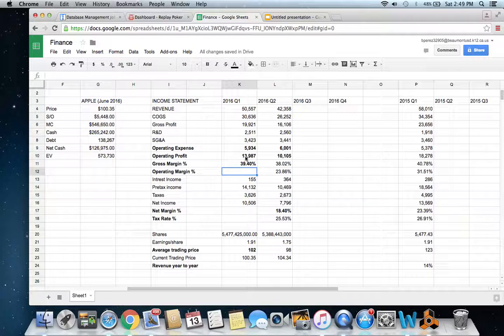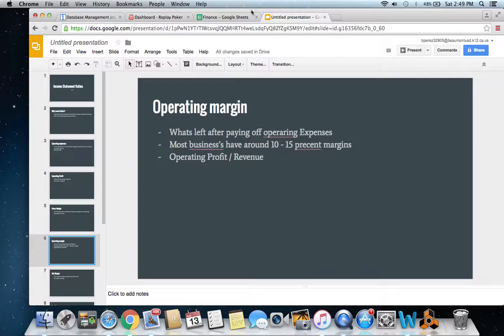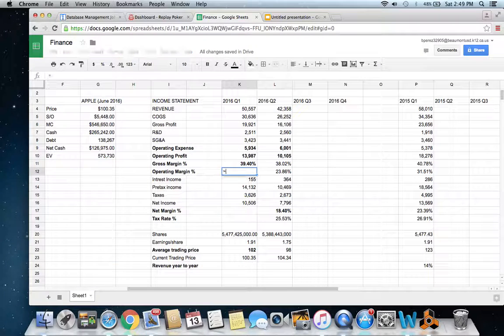Next, we have an operating margin, and it's basically what's left after paying off operating expenses. Most businesses have 10 to 15% margins, and the formula is operating profit over revenue. So let's see Apple's operating profit over revenue.